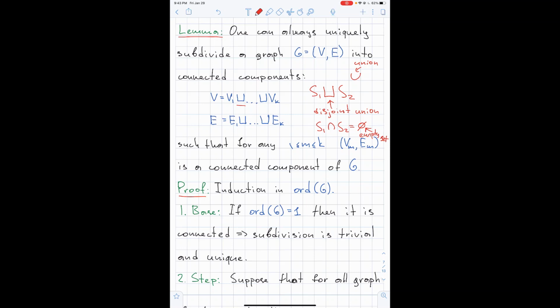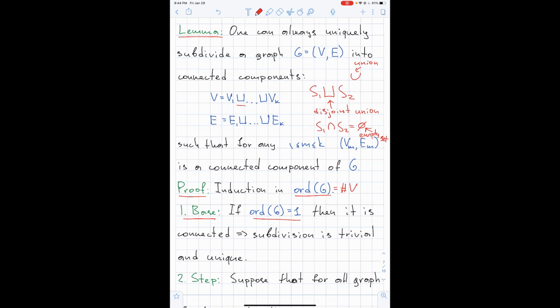What we'll do is induction once again. Induction on the order of G, so on the number of vertices of G. Remember that the order is the number of vertices. The base case is very easy. If the order is equal to 1, if there is just one vertex, it's clearly connected, and for the subdivision, there is not much you can do.